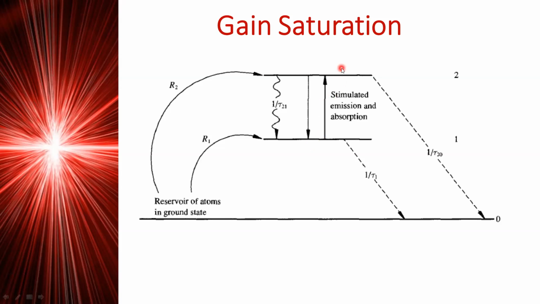So the photons that will be generated due to an electron motion from energy level number 2 to energy level number 0 will never be stimulated emission photons because they will not have the energy E2 minus E1. So the stimulated emission is restricted only to the motion between energy level number 2 and energy level number 1. No other transfer will lead to a stimulated emission.